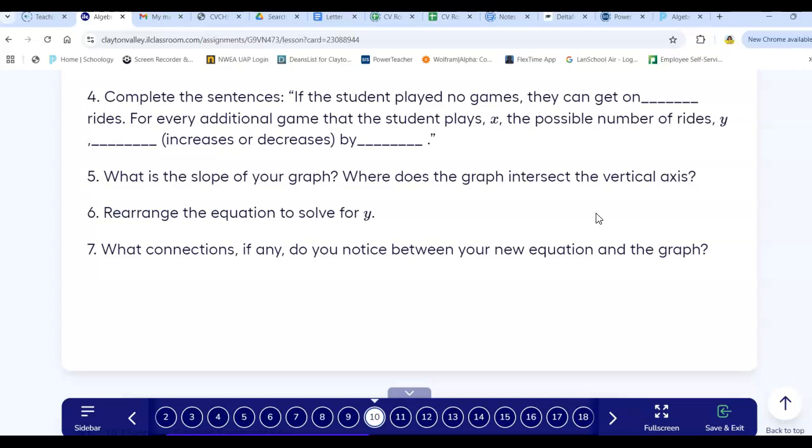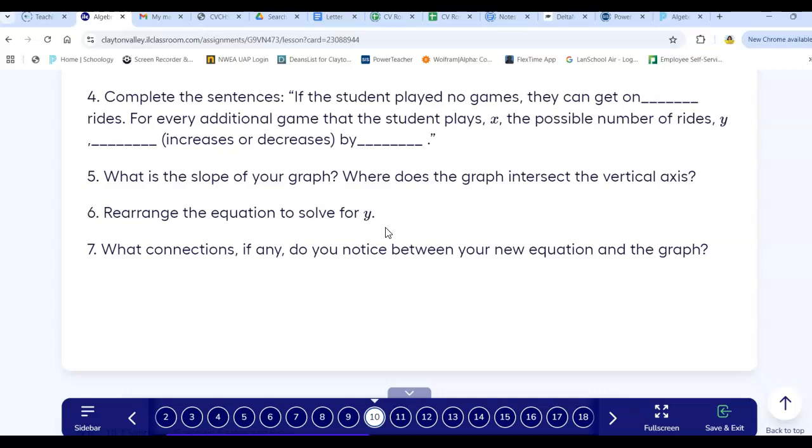We just saw that. So now what they're trying to get you to see is that different forms of an equation show you different parts of a graph. That's the connection here.